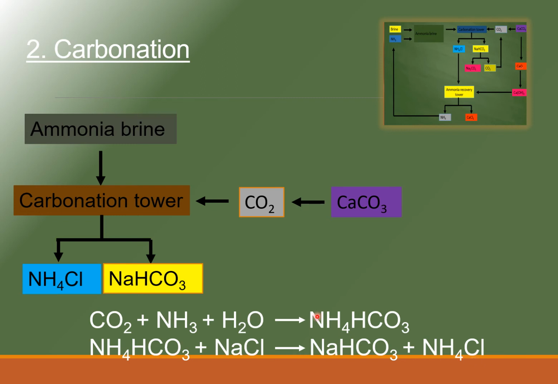In the lower compartment of the carbonating tower, the temperature of the mixture is lowered to 15 degrees centigrade. At this temperature, sodium hydrogen carbonate precipitates out.